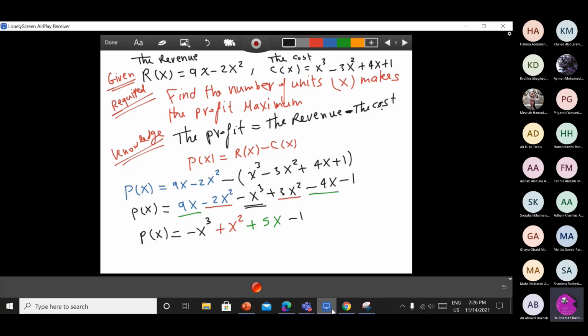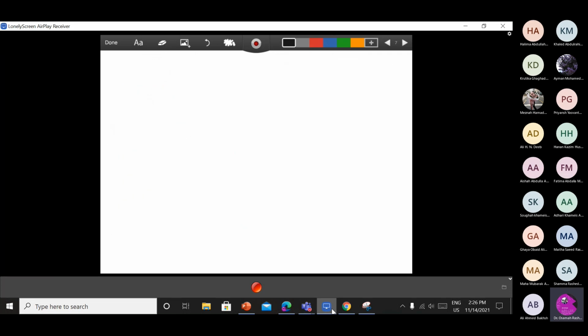Once I get my profit as a function, I can find the maximum or minimum values. What is the first step? The first step to find x that makes P of x maximum or minimum, we do what?